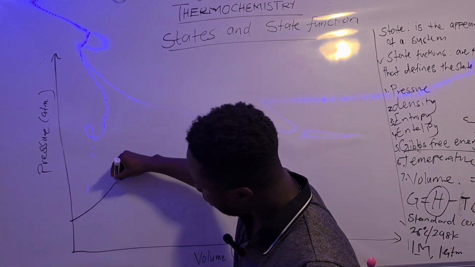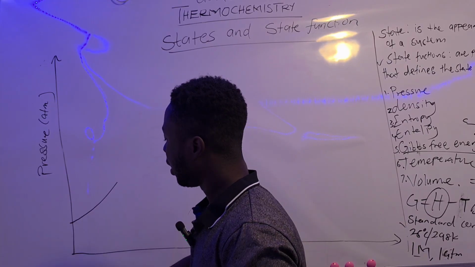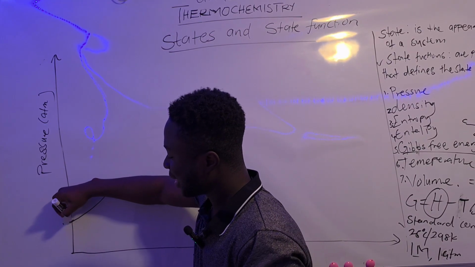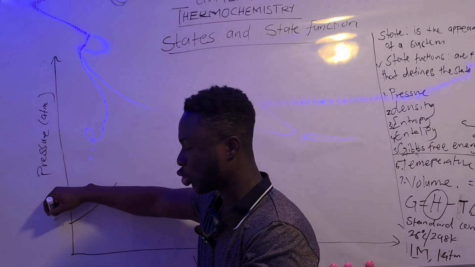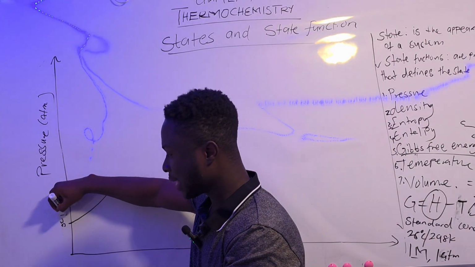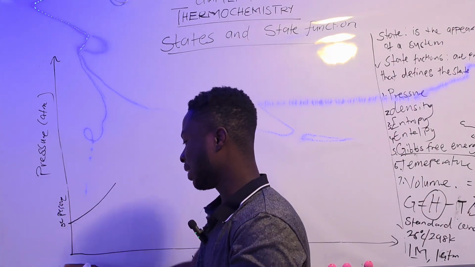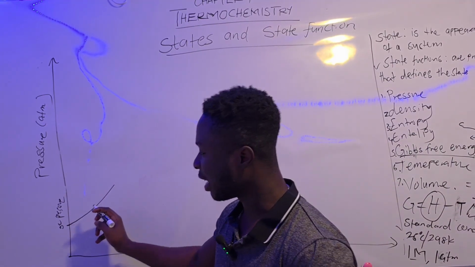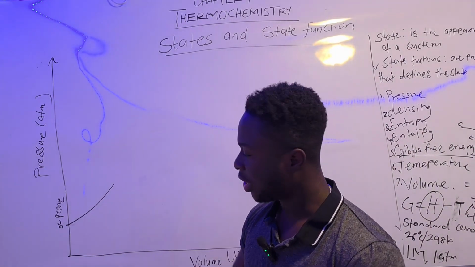I start over here, which over here is basically some pressure. Let me say it's just some pressure, I'm not putting an actual value there. So just some X amount of pressure, and then started from 0 volume.